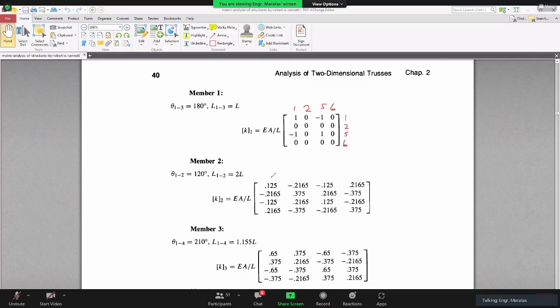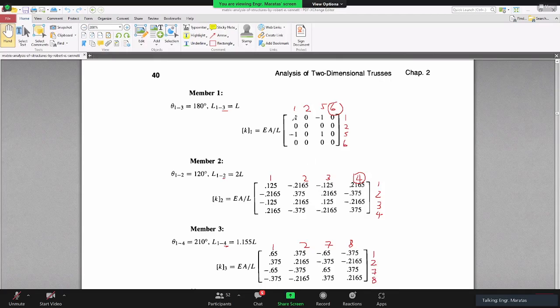The next one is 1 to 2, so 1, 2, 3, 4. And this one is 1 to 4, so this should be 7 and 8. Your basis is: if the node is 4, it is times 2, which is 8. If it is 2, times 2 is 4. If it is 3, times 2 is 6. So this should be 1, 2, 7, and 8.